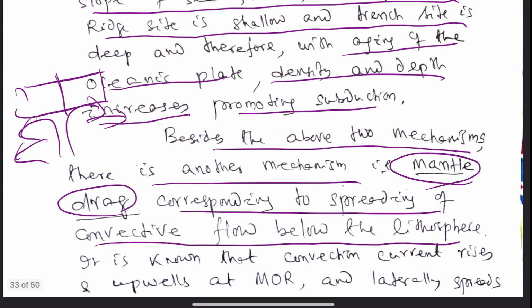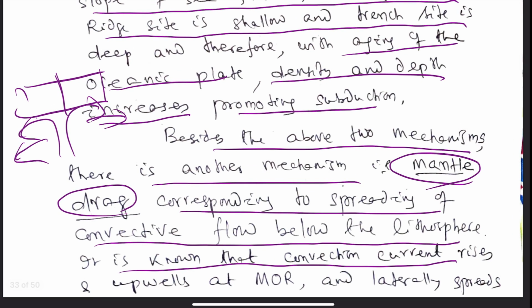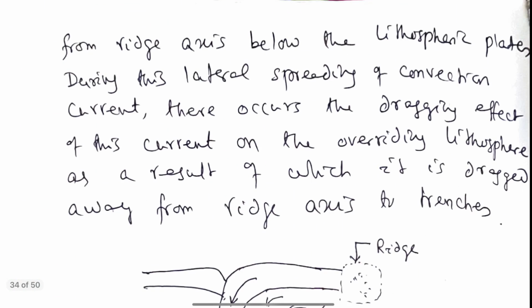So, flow below the lithosphere drags the overlying plate. It is known as the convection current, which rises and upwells at MOR and laterally spreads from the ridge axis below the lithospheric plates.